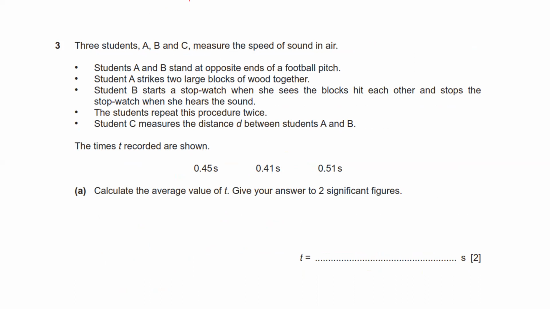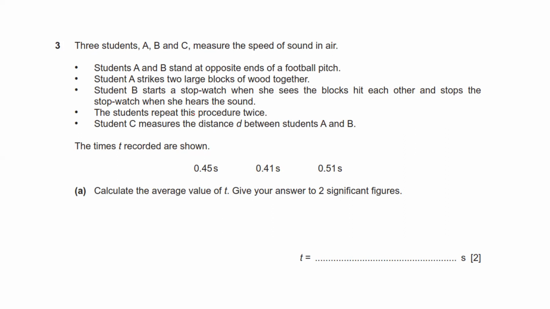So moving on, question number 3, it says three students A, B, C measure the speed of air. Student A and B stand at opposite ends of football pitch. Student A strike 2 large blocks of wood together. Student B starts stopwatch when she sees the blocks hit each other and stops the stopwatch when she hears the sound.